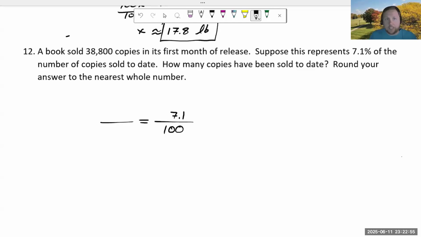That 38,800 copies is what was sold in the first month, and it said this represents 7.1%. So that 38,800 should be across from the 7.1, because what's going on here is this is the first month, and this is, I guess, called the total or the overall. So that's what we're looking for. How many have been sold to date? So now cross multiply.